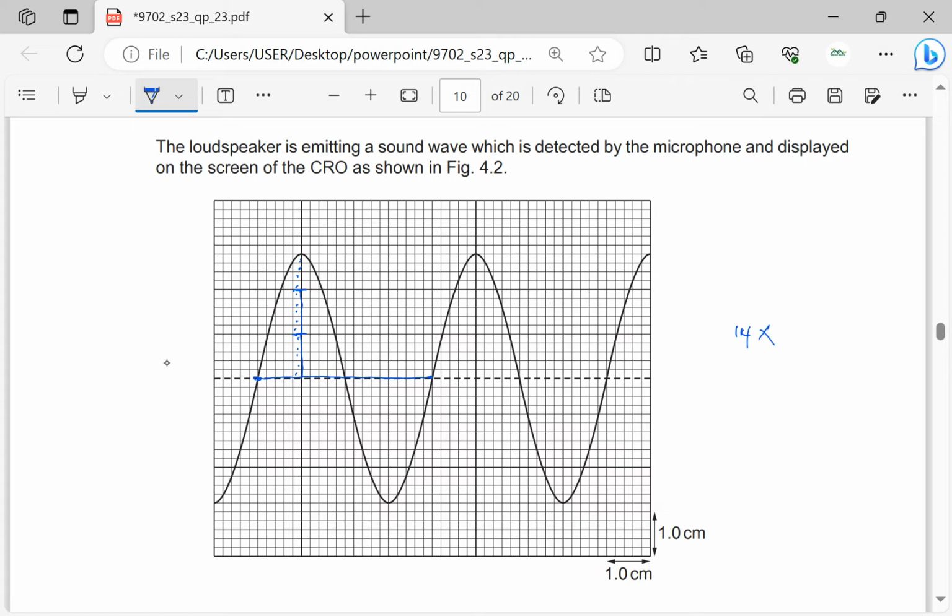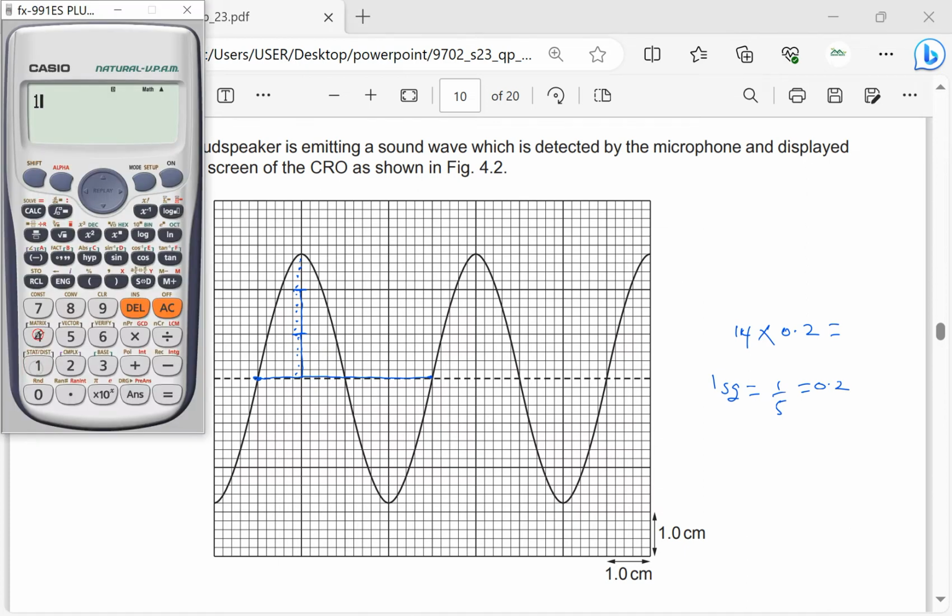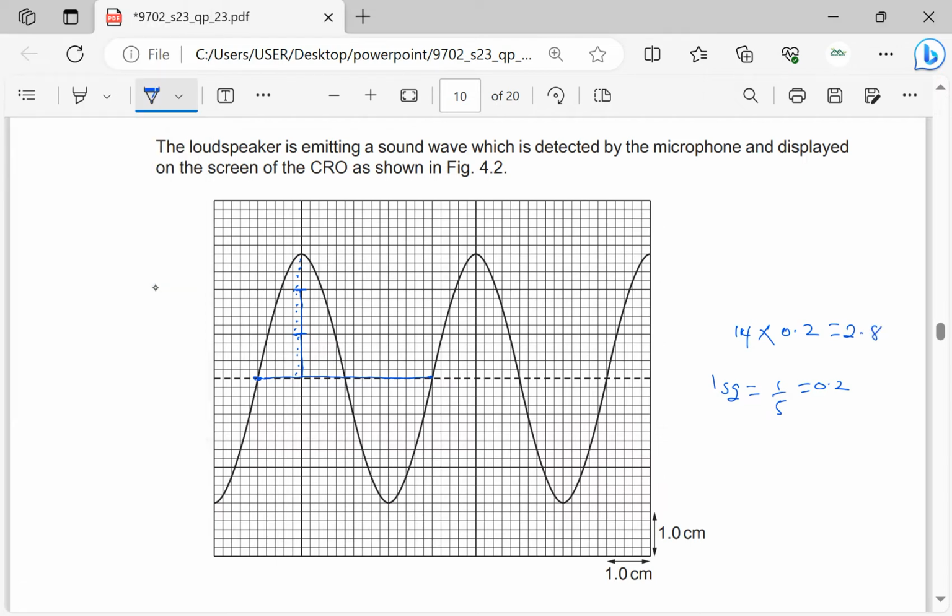14 small squares times 1 small square. 1 square is equal to 1 over 5, which is 0.2. Now there are 14 small squares, so I will say 14 times 0.2. So this is 2.8 centimeters.